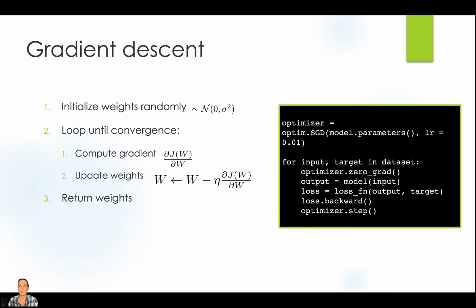Gradient descent. So first we start by initializing the weights of our network randomly. There are some other strategies for initializing the weights, but in gradient descent, we start from random. Then we loop the following until convergence to the global optimum. First, we compute the gradients, or the partial derivatives, of the function J of W given a change in weight W. And then we update the weights using the following formula.